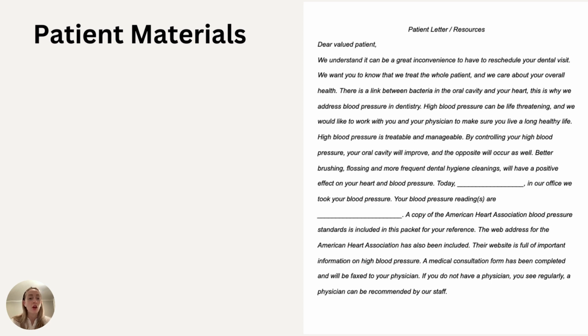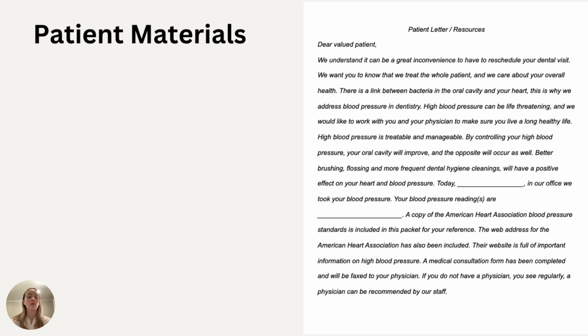It'll help with protocols, documentation, things like that if these are implemented. So again, these are all items that can be implemented into your routine dental care, new patient records, things like that. And they are absolutely for the dental provider to use at their discretion.